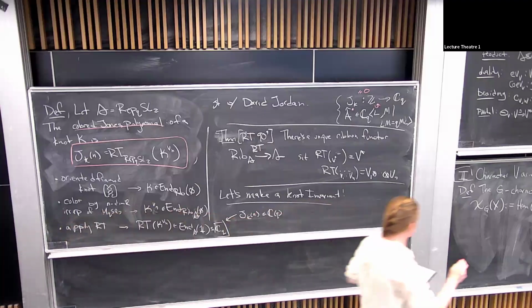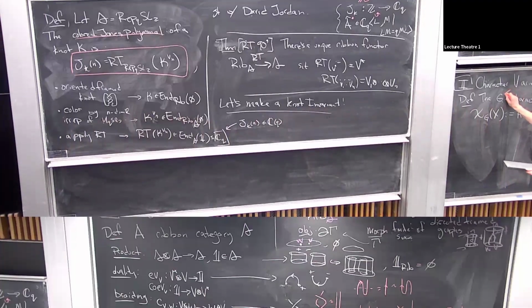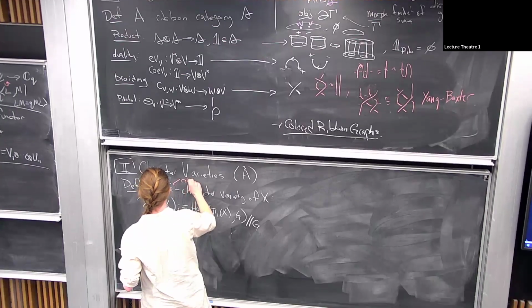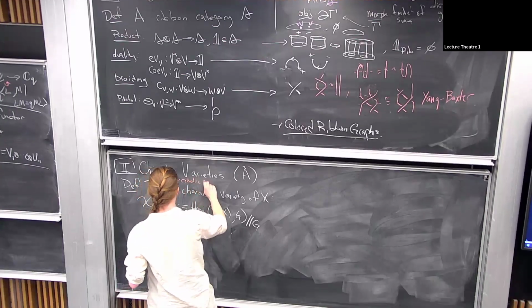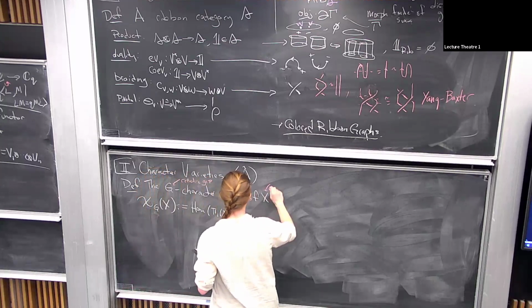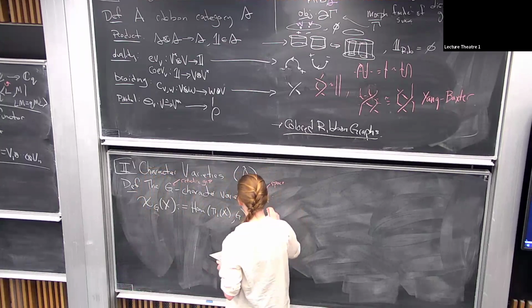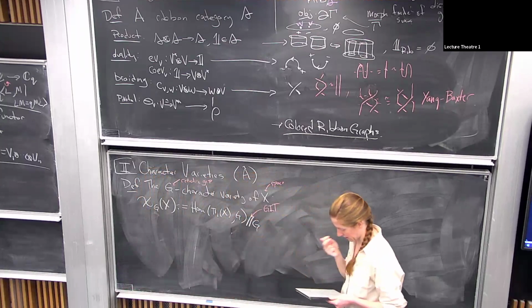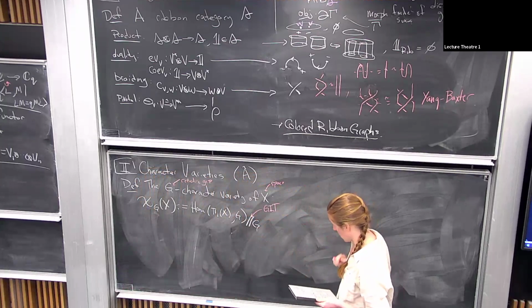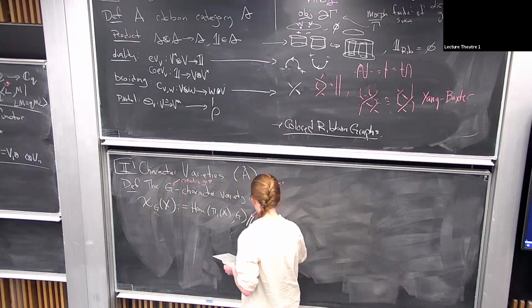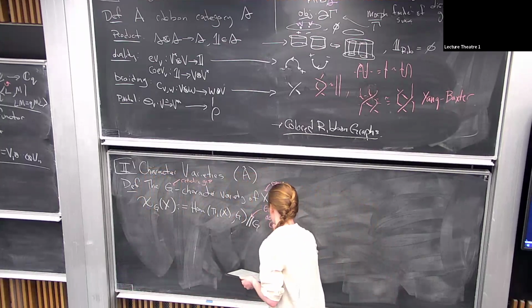Here G is a reductive group. X is some space. This double line means the GIT quotient. People also care about the stacky quotient version of this. And the action is conjugation.